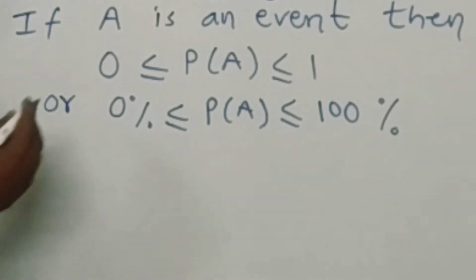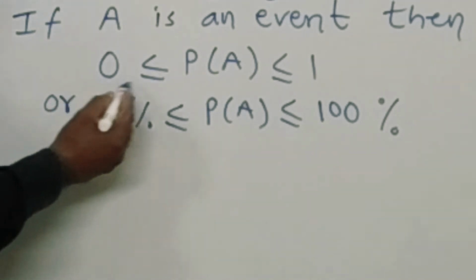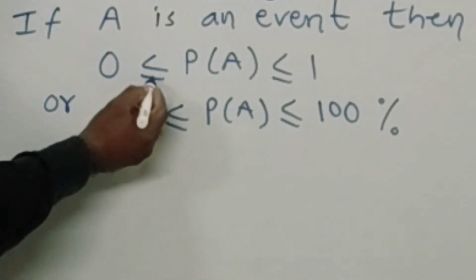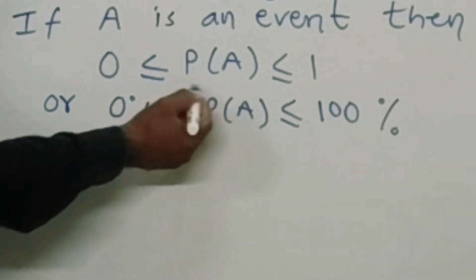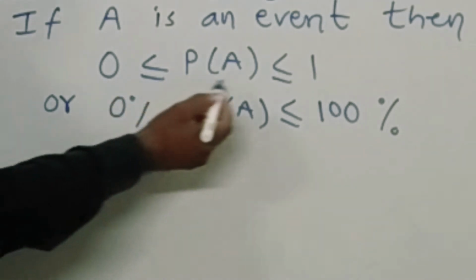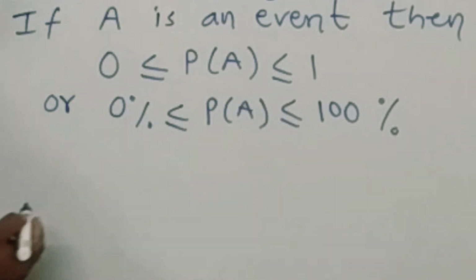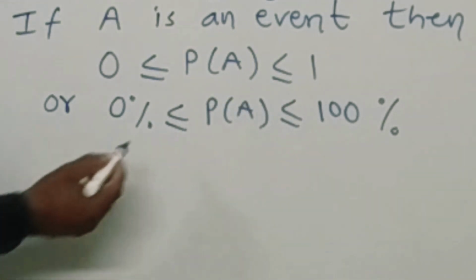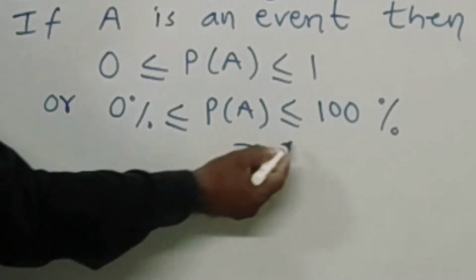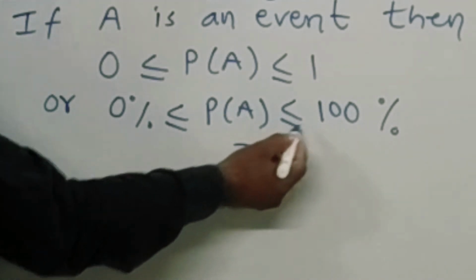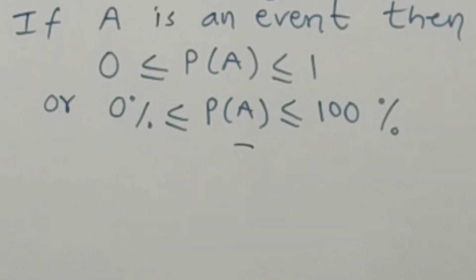If A is an event, then 0 is less than or equal to P(A), which is less than or equal to 1, or 0% is less than or equal to P(A), which is less than or equal to 100%.